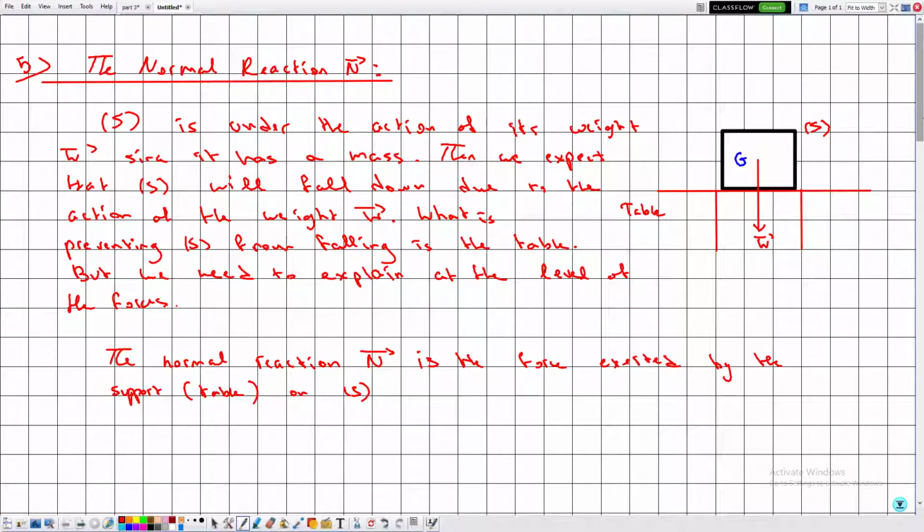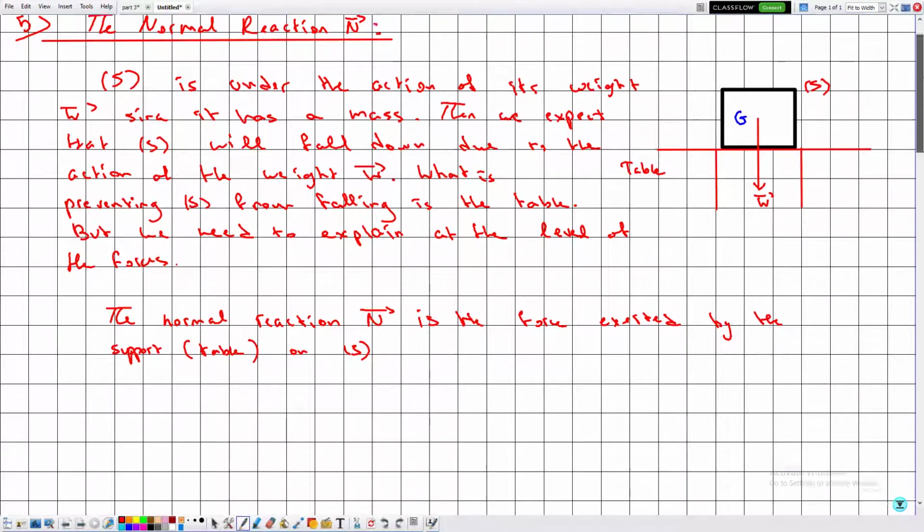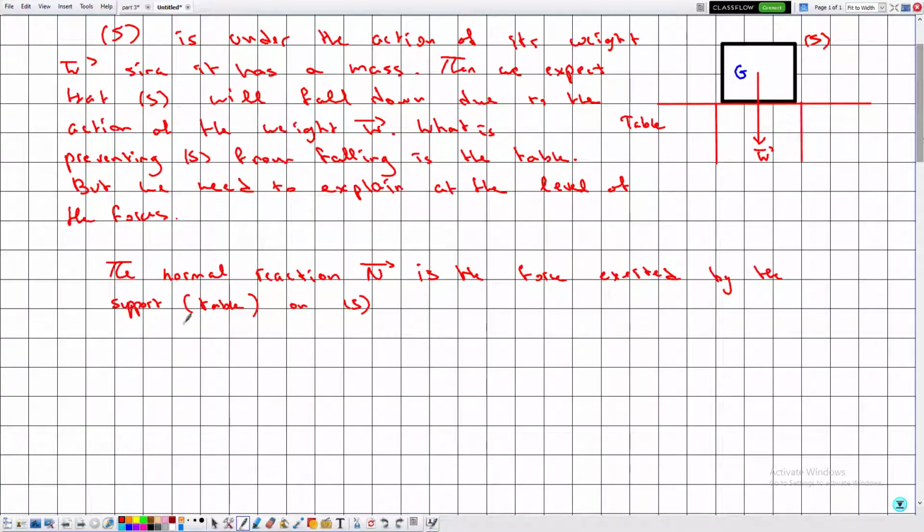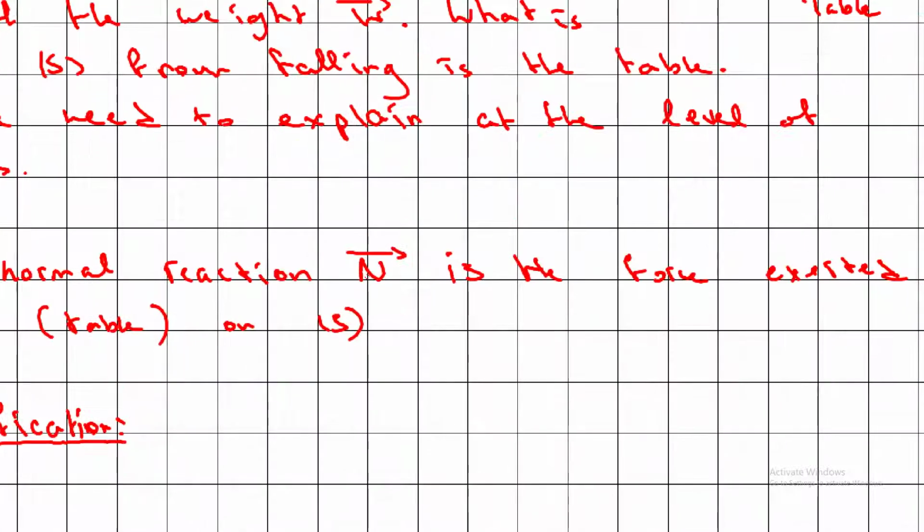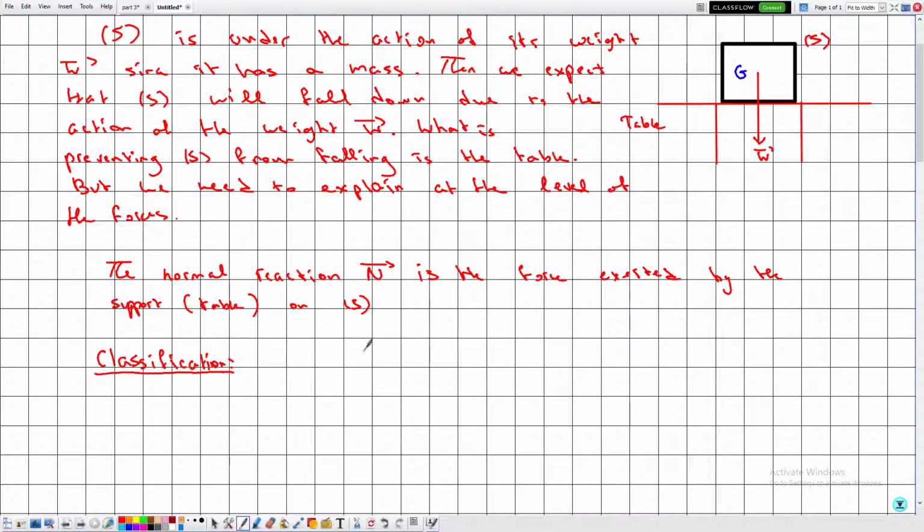In order to study the properties of this force, first of all we need to classify it, as we did in the case of the tension. So let's start with the classification. By the classification, we need to mention whether N is a contact force or acting at a distance.